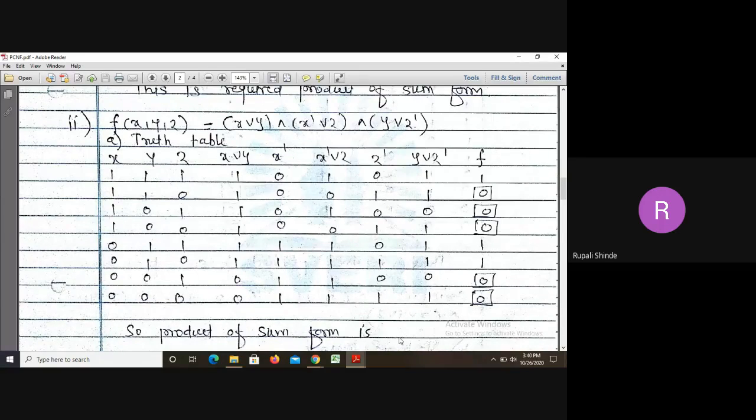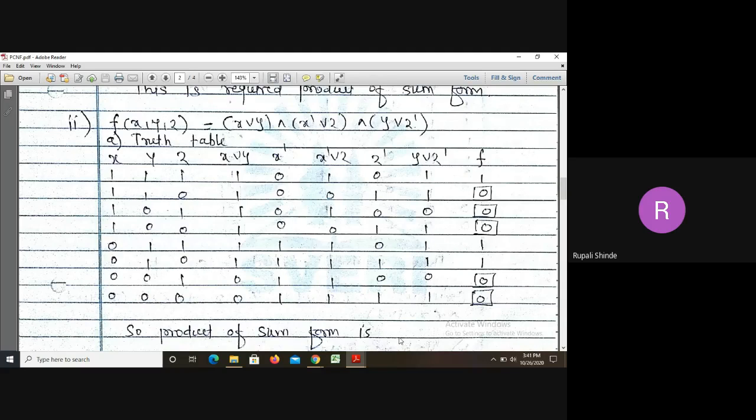So while solving this by using the truth table method, what is the procedure? First, we will find the truth table for the given expression, and then we will look into the final column. So how can we assign the values? If your final column is containing 1, then we are going to consider only those values.